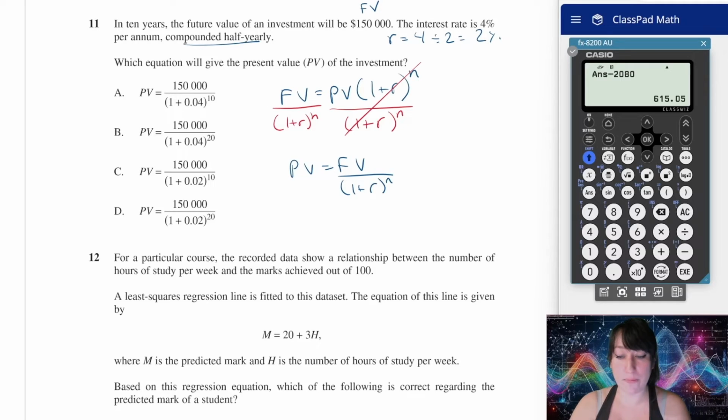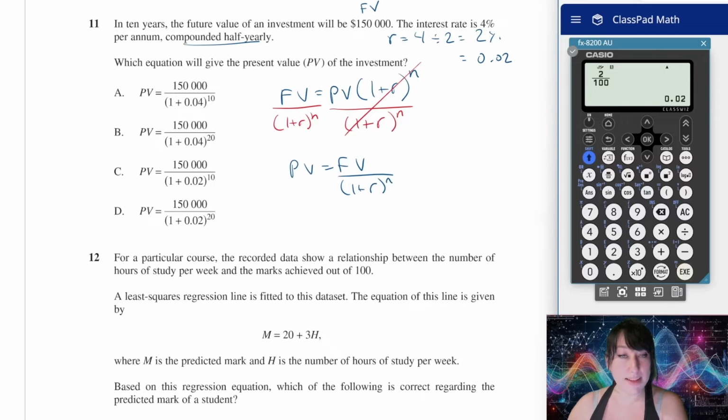As a decimal, that would be 0.02. If you're not comfortable converting percentages into decimals, you can put it in your calculator. For example, if you put 2 over 100, any percentage, you could put it over 100 and convert that to decimal.